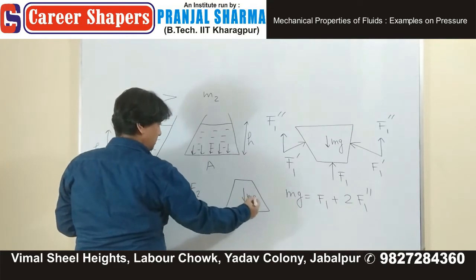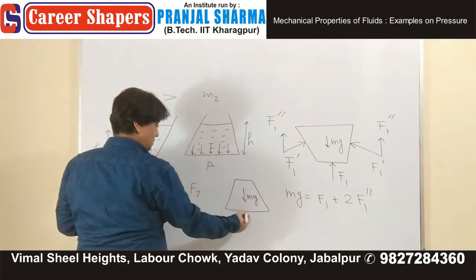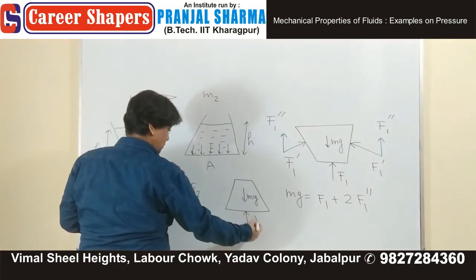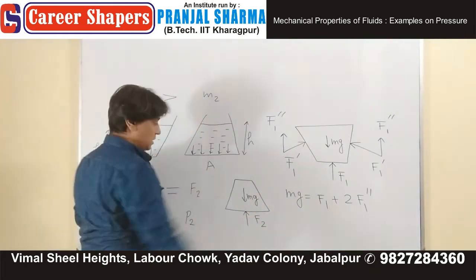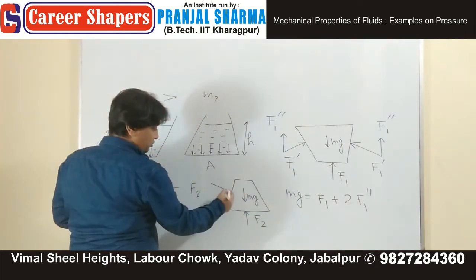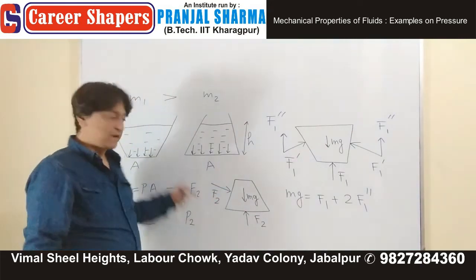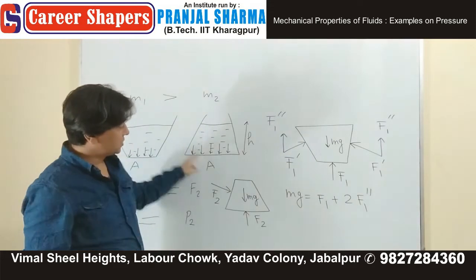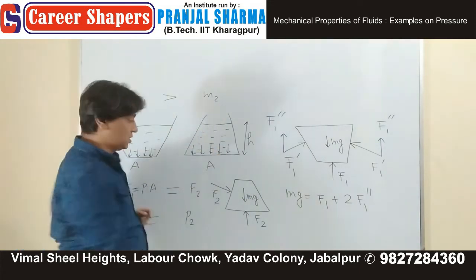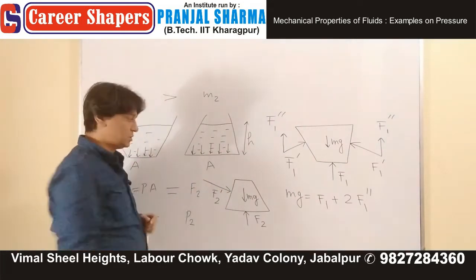mg, the weight, is coming down, force was F2. Now, the normal reaction force is acting towards the body. These side walls are pushing this liquid in this direction with a force of F2 dash. That's your F2 dash.